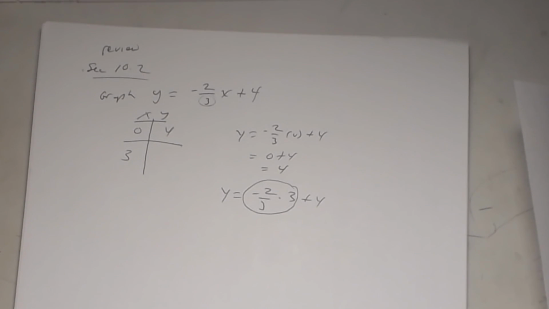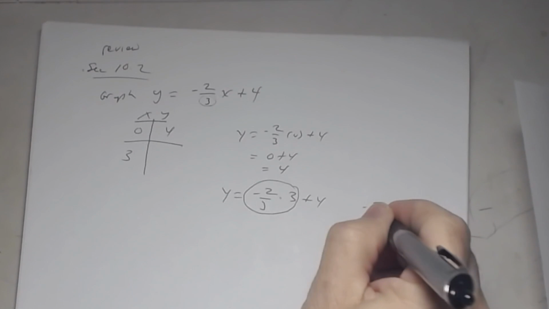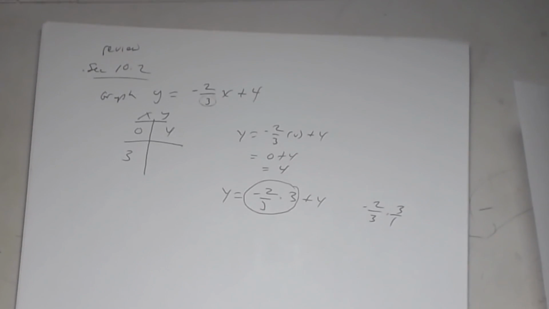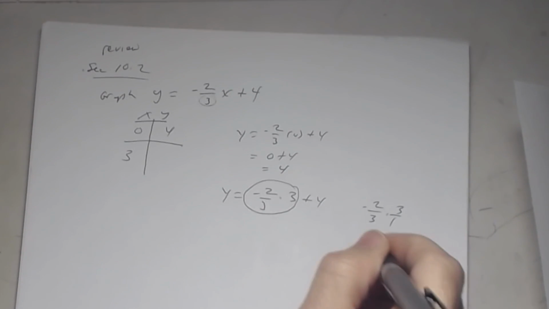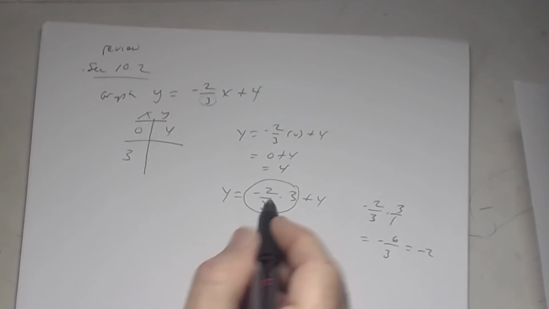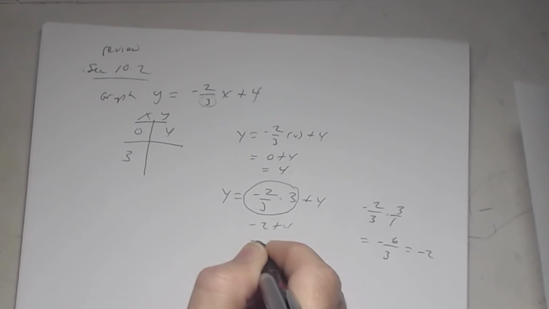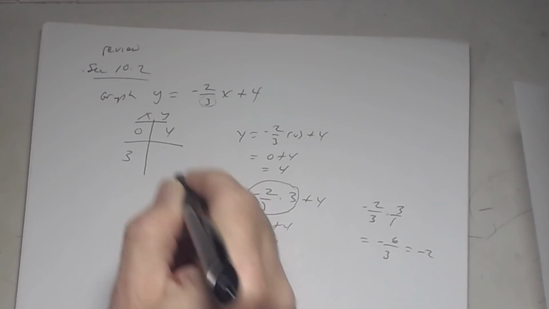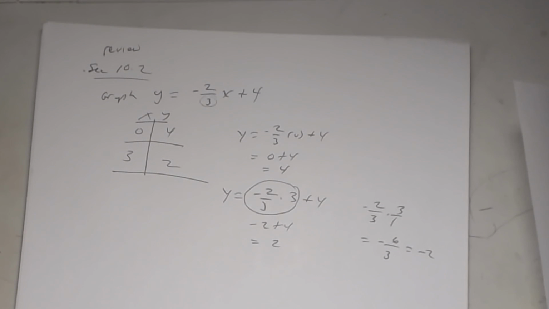Negative 2. If you don't see it, make sure you write it like this then. Negative 2 times 3 is negative 6. 3 times 1 is 3. Reduced is negative 2. And what's negative 2 plus 4? 2. So I get the ordered pair 3, 2.